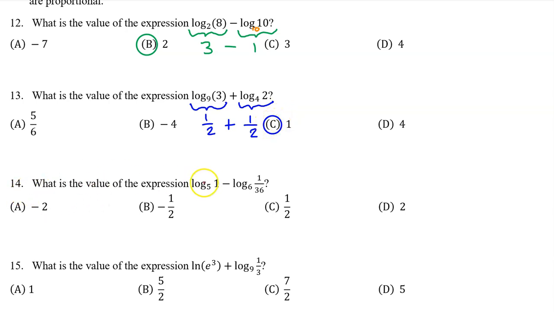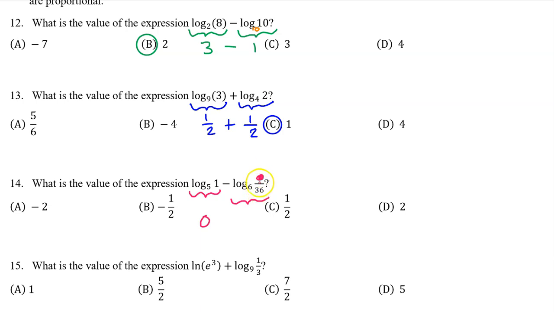Number 14. The log of 1 is always 0. That's because the power that turns any constant into a 1 is 0. 5 to the 0 power is 1. Now, what about this? What exponent will turn 6 into 1 over 36? Well, if we ignore the 1 for a quick second, we know that 6 squared is 36.